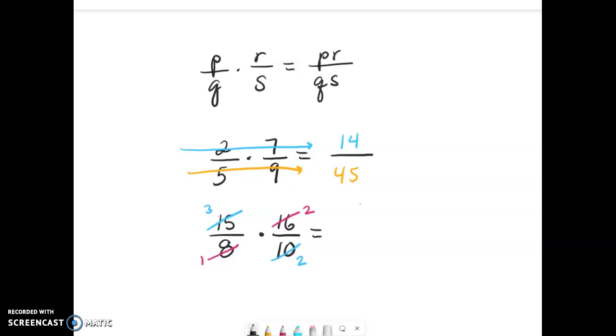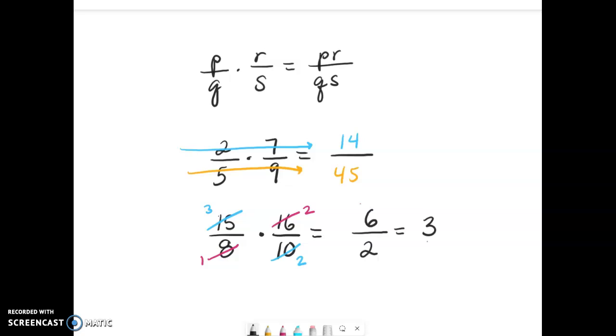Now, is it possible that there are more factors? Yes. So when I see this, I get 3 times 2, and I get 1 times 2, which is 2. Now this will simplify. Both of these have a common factor of 2 that divide out. So I end up with 3 over 1, or just 3.